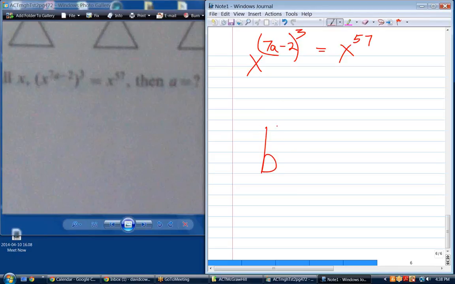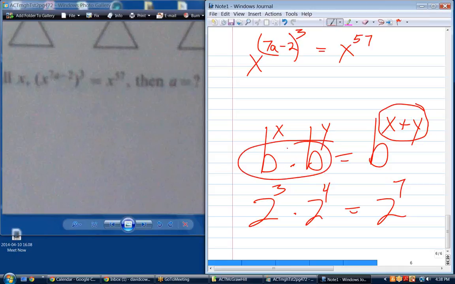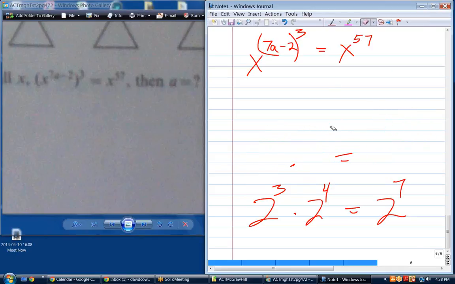If you have b to the x times b to the y, that's where you add. In other words, if I have 2 to the third times 2 to the fourth, it's 2 to the seventh. So you're only adding exponents when you're multiplying bases.